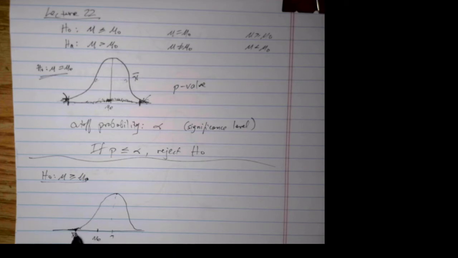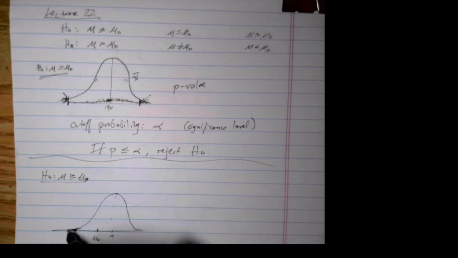I'm going to call it x-bar naught, just to give it a name. This area to the left of x-bar naught is the probability of seeing a sample mean that is as bad as the one we actually saw or worse. That is as far to the left of mu naught as the one we actually saw or worse.